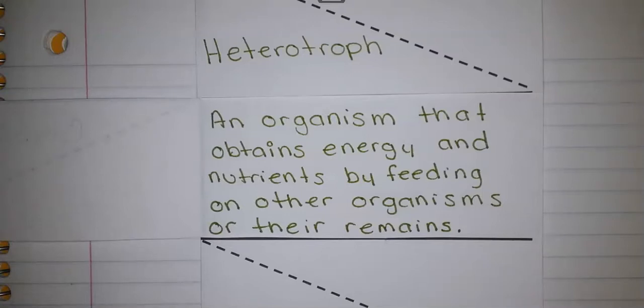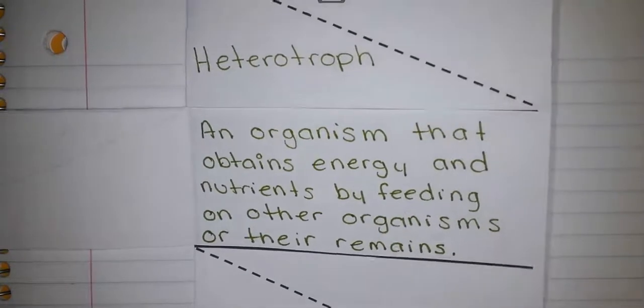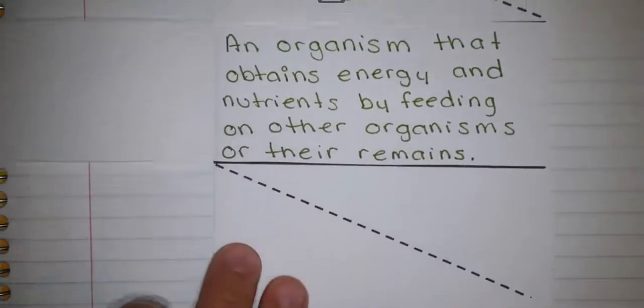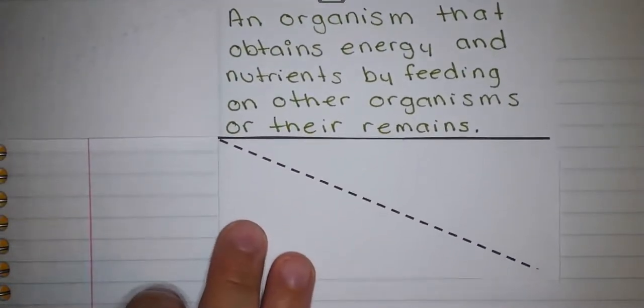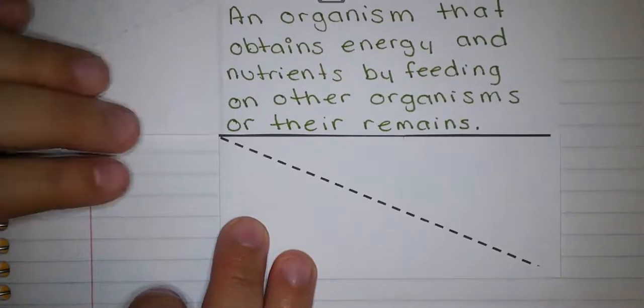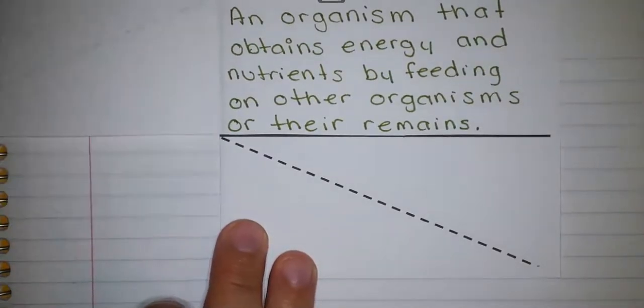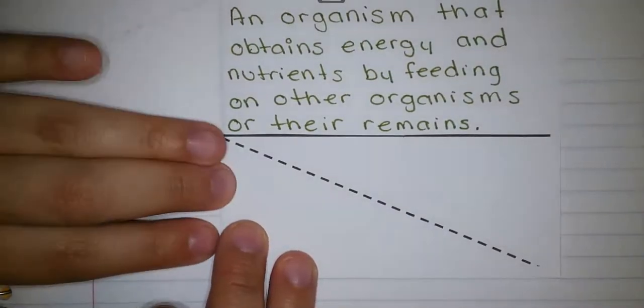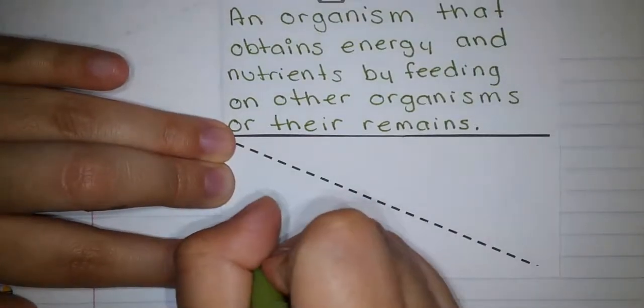Okay, so now we're going to go over the types of consumers that we have, and we're going to end up jumping into the other small little foldable that I made. I'll leave it right there. Okay, the next one is a herbivore.